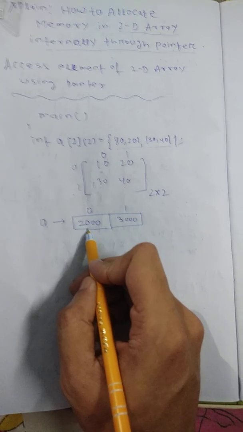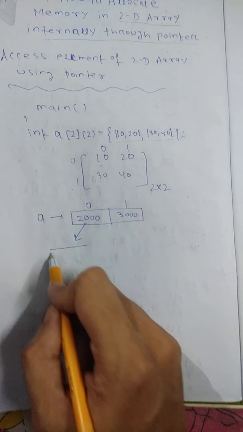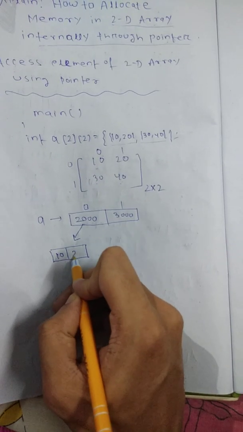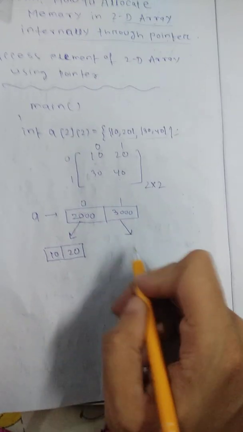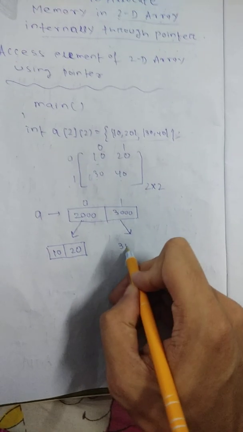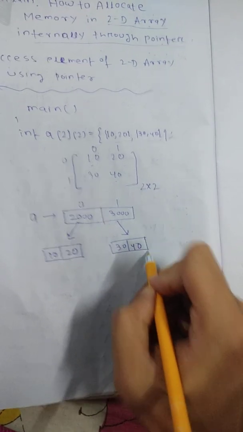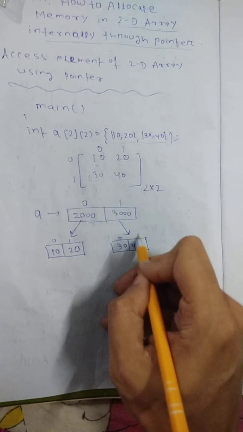The number of pointers depends upon the number of rows. Next, what will A0 store? A0 will store the elements of the first row, that is your 10 20. A1 will store the elements of the second row, that is 30 40. Here the indexes are 0 1, here also 0 1.